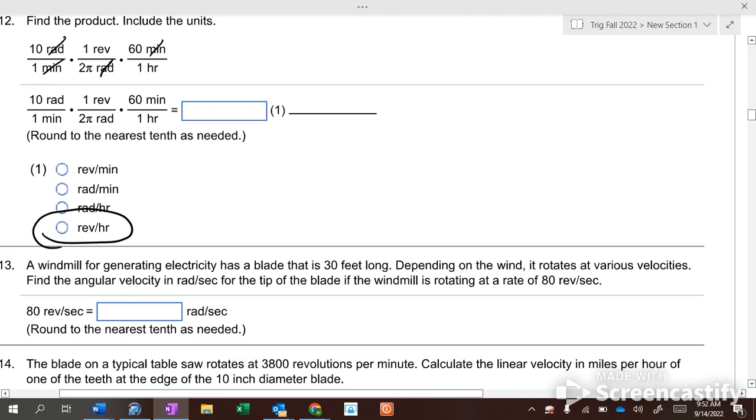Now, don't take on your calculator 300 divided by 2 pi, because that would give you like 450 something. Okay? 300 divided by 2 is 150. And then you divide that by pi, which is like 40 something.